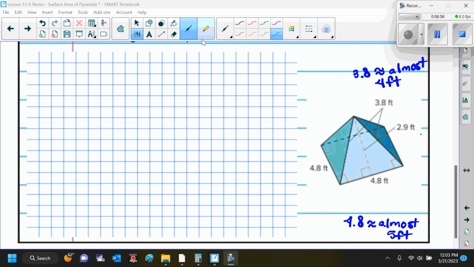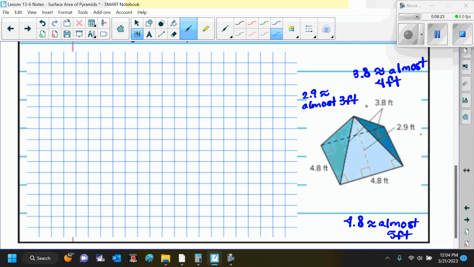So the first thing I want to do is check my measures. So here this is a 4.8, this is a 3.8, the slant height is a 2.9. I'm going to write it up here, I'll put this 2.9 here. 2.9 is almost 3 feet.